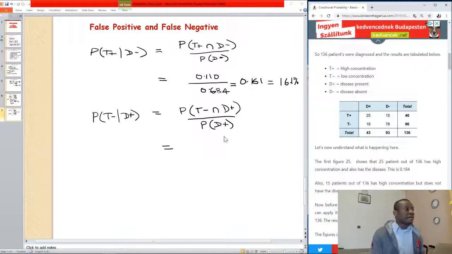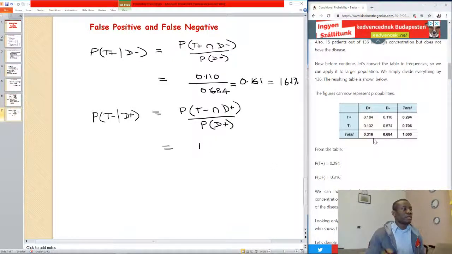The probability of T minus intersection D plus is 0.132, divided by the unconditional probability of D plus, which is 0.316.